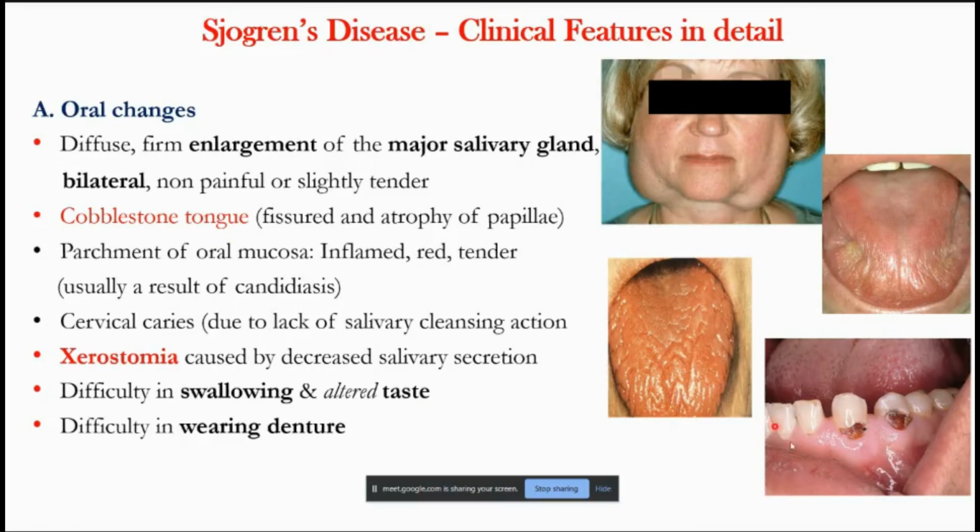So when that is low, then even these are affected. And if they're edentulous patients, because we're talking about older people over 50 years of age, and suppose they have dentures, then there will be difficulty in wearing the denture because there is no saliva. So the denture might just stick directly to the alveolar ridge, and that might be painful for the patient.